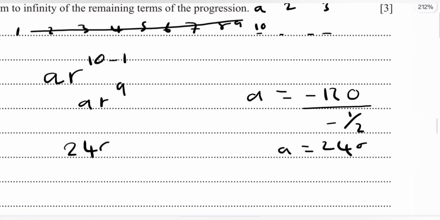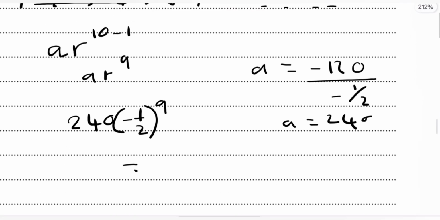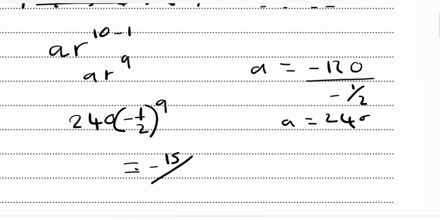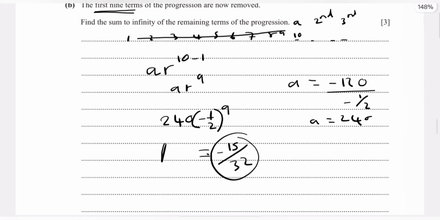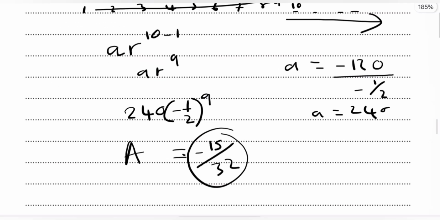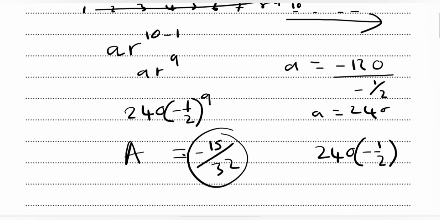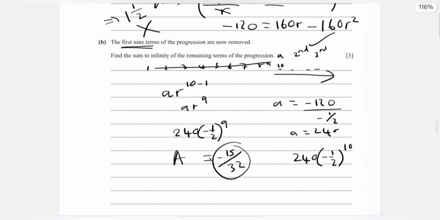So we're having 240, r is minus half to the power 9. So that should be 240 times minus half to the power 9. That's giving me minus 15 over 32 as my 10th term. And this will be our new a, right? And the 11th term will be a, which is our 240, our r minus half to the power 10, the next one.